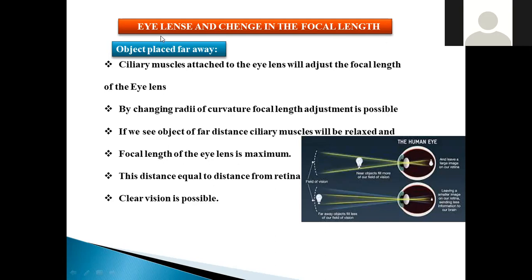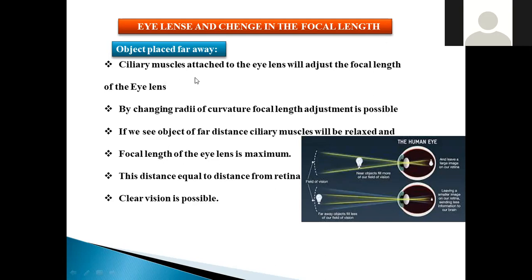Now let us see how the focal length is adjusted by the eye lens. The eye lens is surrounded by ciliary muscles. These ciliary muscles are very essential, a strong part that covers the entire eye. It is a protective layer that secretes some mucus, and the lacrimal glands also secrete tears.